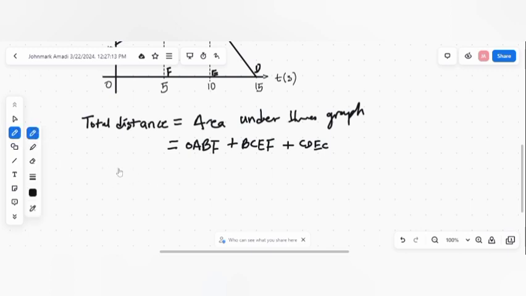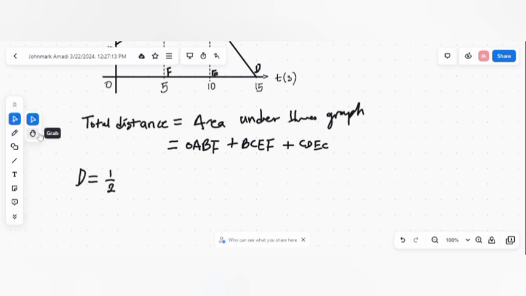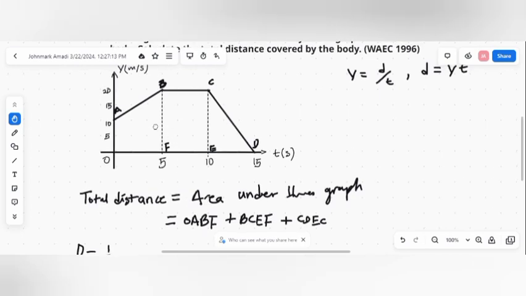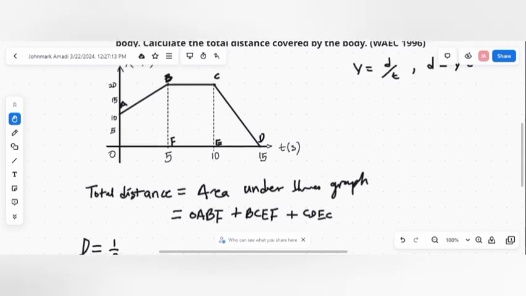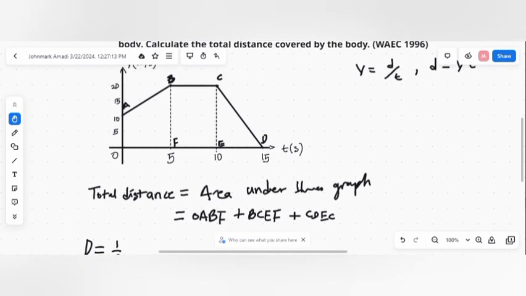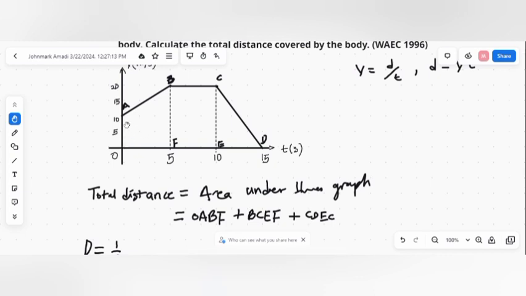Now our distance, let me represent it with the letter D, or total distance, will be the area of a trapezium. The area of a trapezium is a half times the summation of the parallel sides.